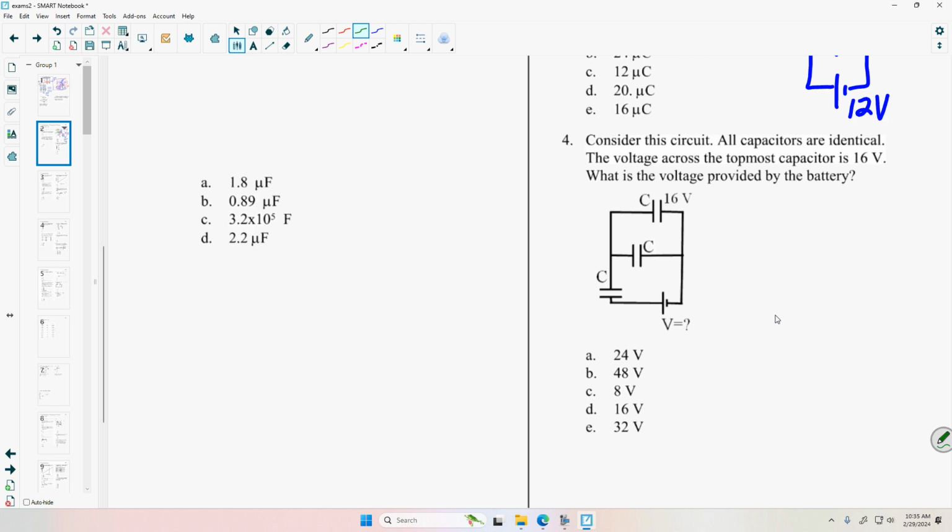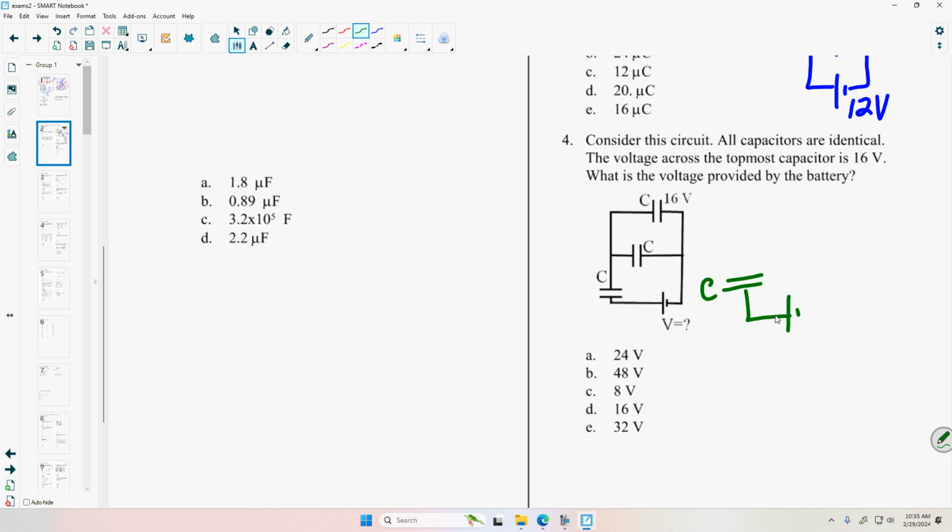I have these 3 capacitors, 2 of which are in parallel, and I give you the voltage across this one, and I want to know what is the voltage across the battery. This one's a little more difficult because you've got to sort of work backwards, and sometimes students struggle with that. I find that it's easier just to draw the circuit.